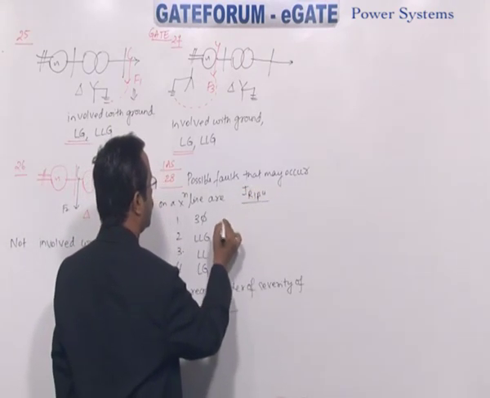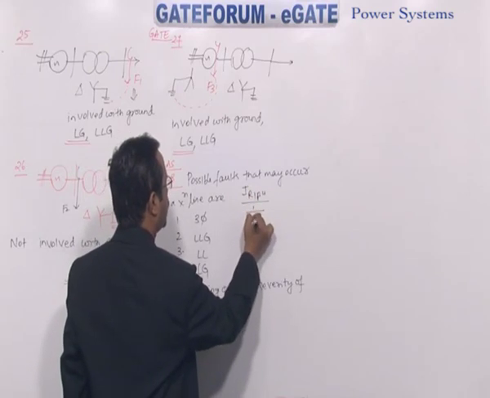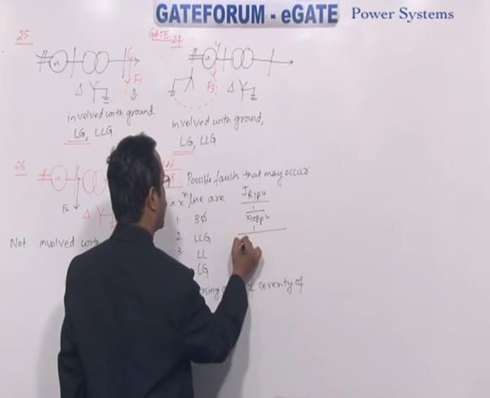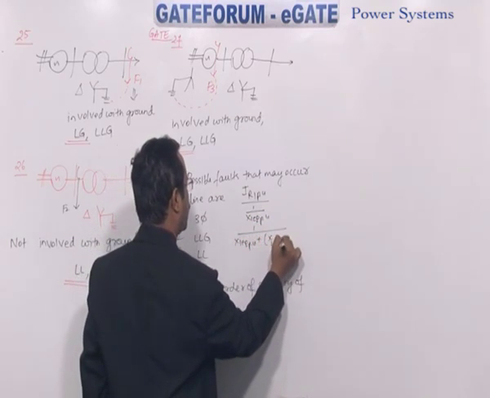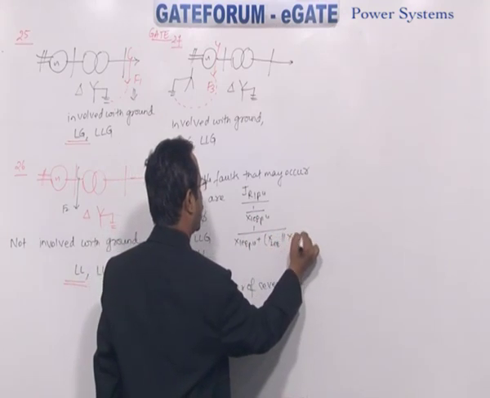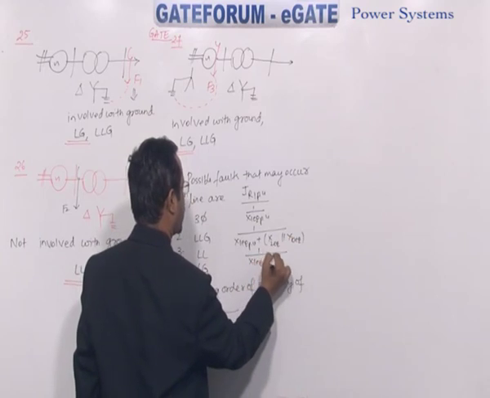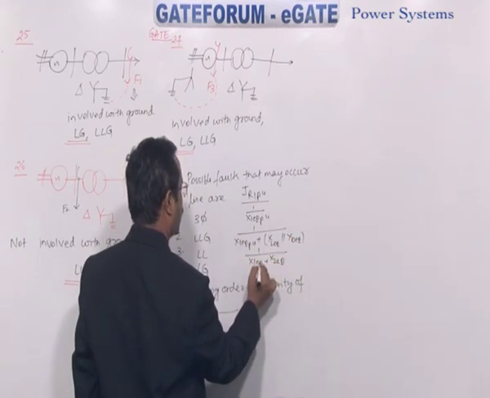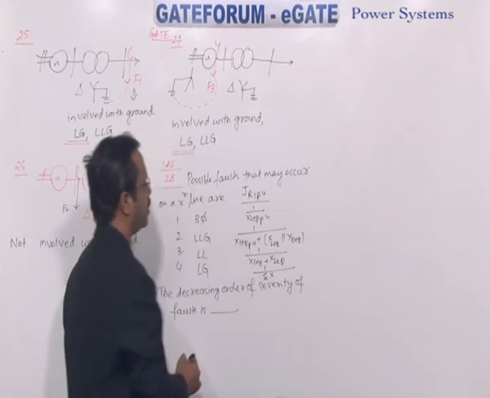It is easy. For 3-phase, what you have? 1 by X1 equivalent per unit. LLG: 1 by X1 equivalent plus the parallel combination of X2 and X0. LL: 1 by X1 plus X2. What about LG? Sum of all the three.